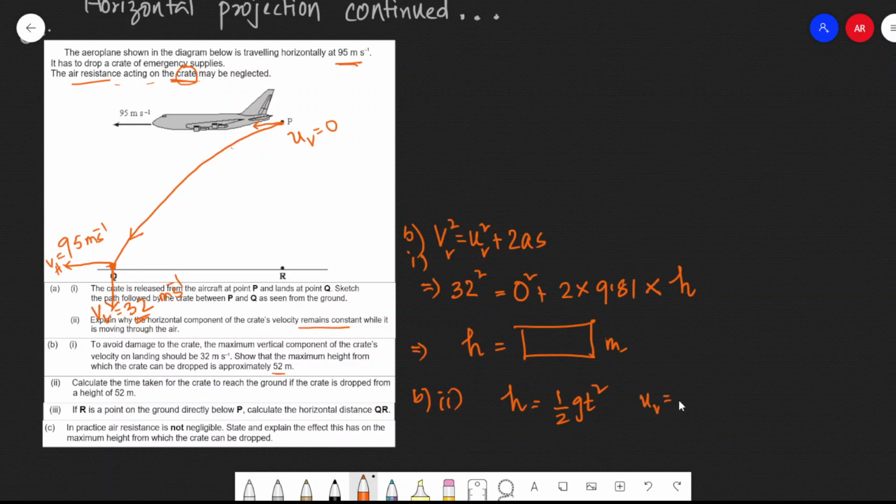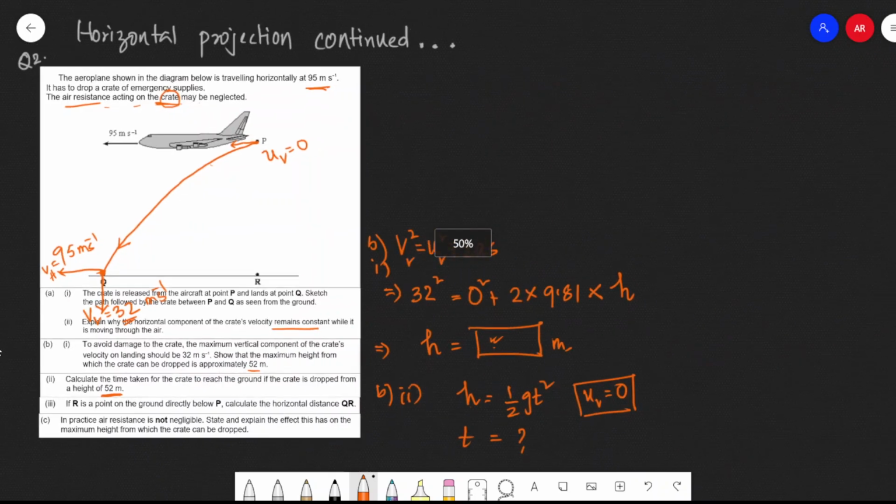As the initial vertical velocity is 0, it is just half g t squared. So calculate the time right here. Whatever you got in the previous question, you are not going to substitute that value here, because the question particularly asks for the time taken for a height of 52 meters.